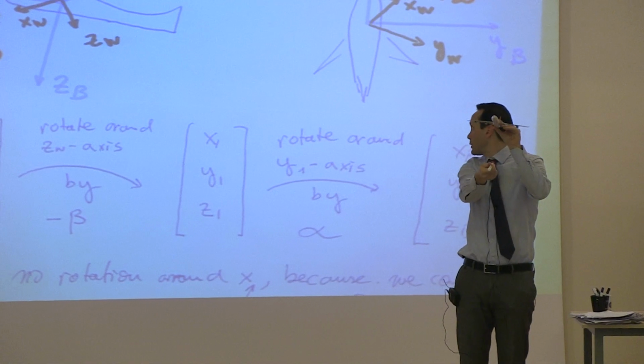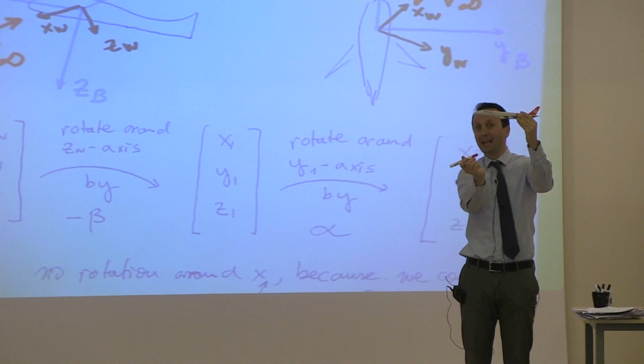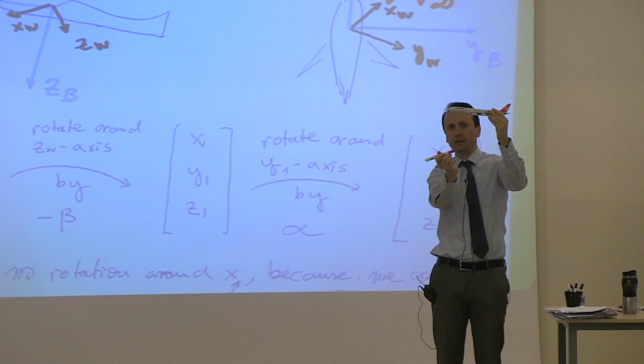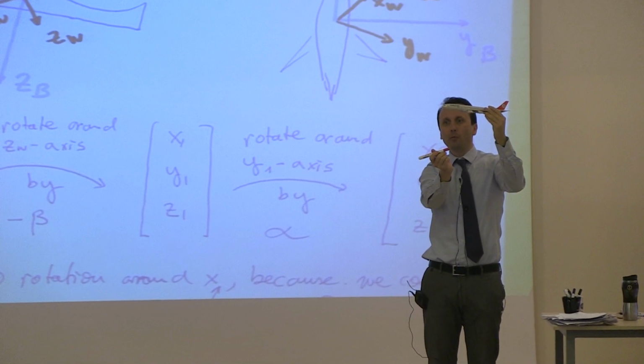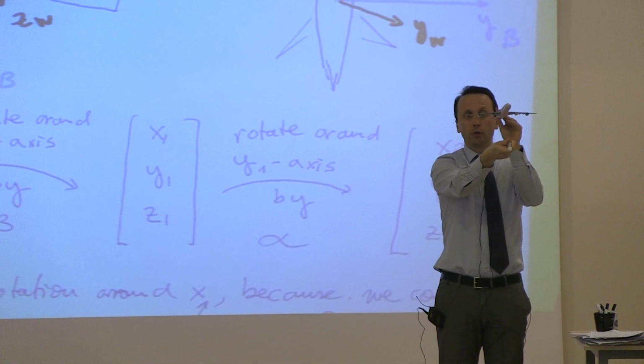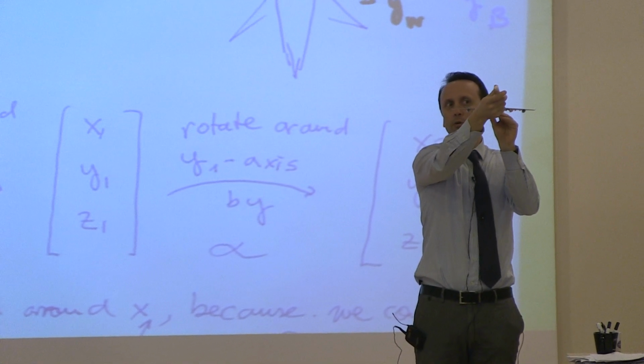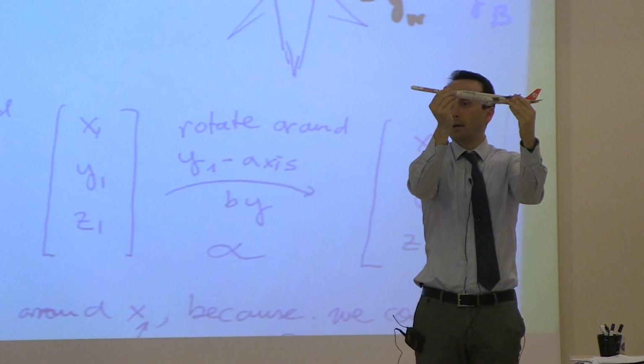Now you have a new intermediate coordinate system, x1, y1, z1. Okay, it's now like this. This is the coordinate system. The second rotation will be around y1, and y1 is pointing now this way. So you rotate around y1 by an alpha, and you coincide finally with x body.